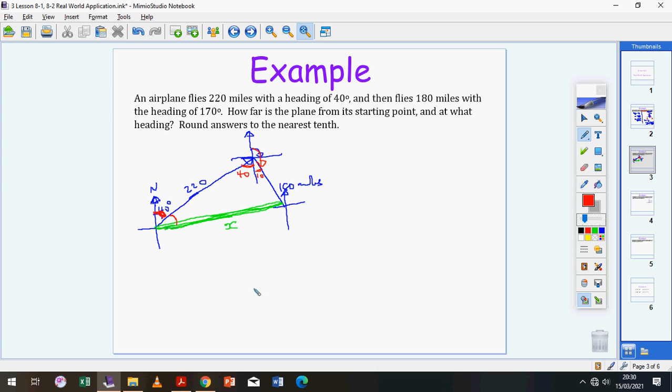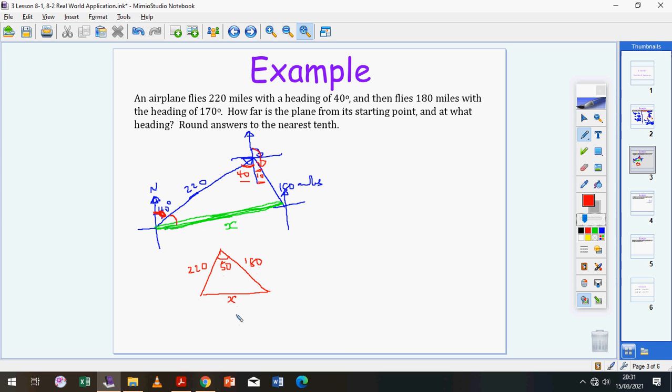I end up having a triangle in which this is 50 degrees, because it's the 40 plus the 10. This is the x that I want. That's 180 miles, and that's 220 miles.